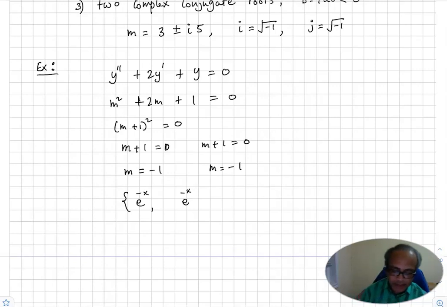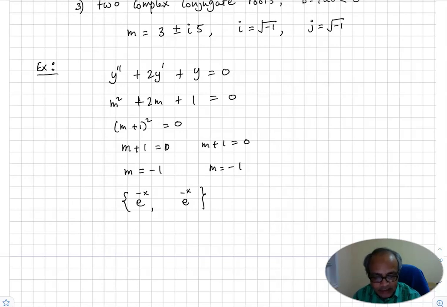Both are the same, so they're the same solution, and you know from the theory that we discussed the other time, or maybe watch my other video, that in order to have a fundamental set of solutions, they have to be linearly independent, or their Wronskian has to be non-zero.